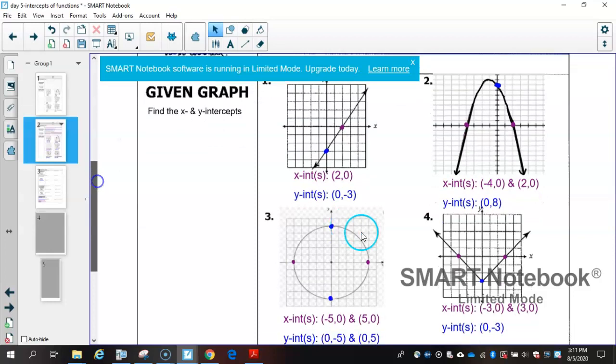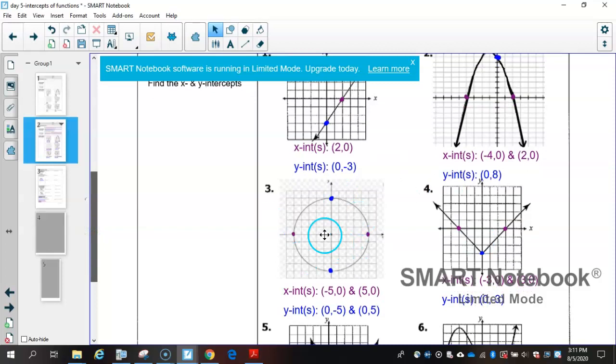But this one down here, when I do the vertical line test, it is not a function. But even though it's not a function, I can still find the x and y intercepts. And not everything we graph, well, in this class, everything we graph will be a function.